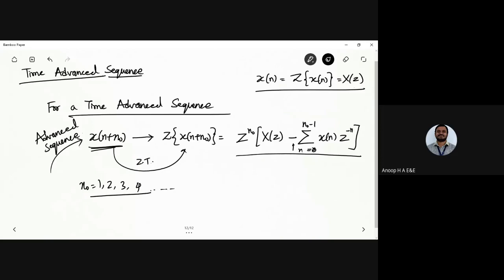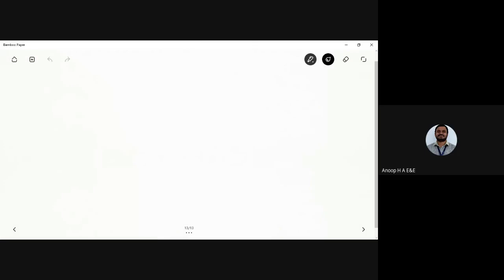Let me see for how many positive values, n naught greater than 0, what would the advanced sequence look like? So x of n plus 1, that would be the z transform of x of n plus 1. What I would like to do here is take the value of n naught equals 1.